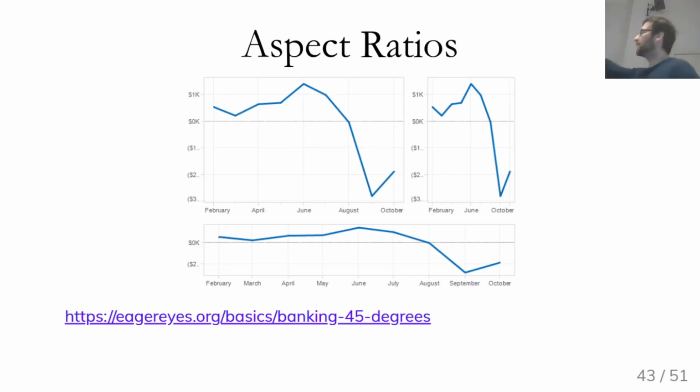These three plots show the same data, but you could interpret them as telling three different stories. In the second one, the June spike is very pronounced and looks like something happened in June, whereas in the third one, you would never say that.